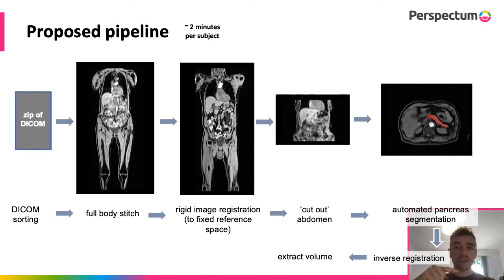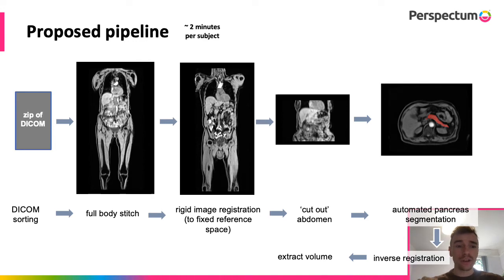We do this to roughly align where the organs are within that image, so we can then heuristically crop out the abdominal region. Why do we want to crop out the abdominal region? It's essentially to save GPU memory, to avoid downsampling the image to fit into memory, and it's also more efficient.